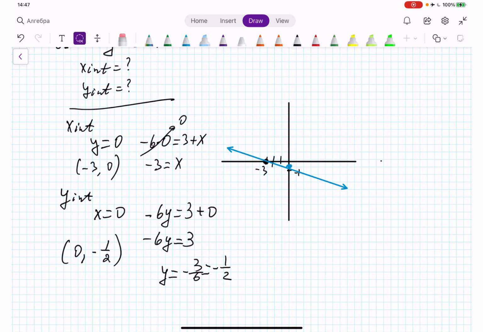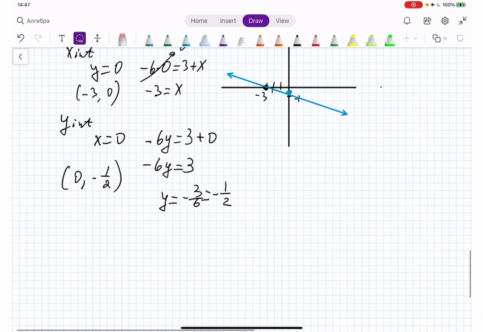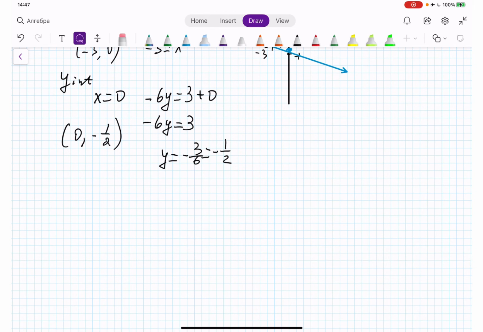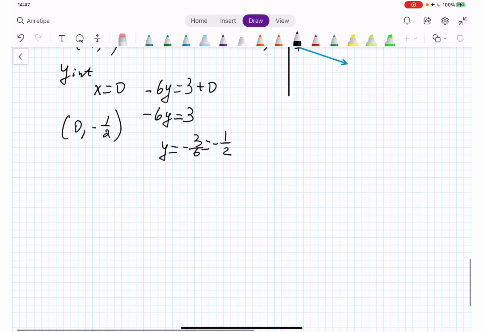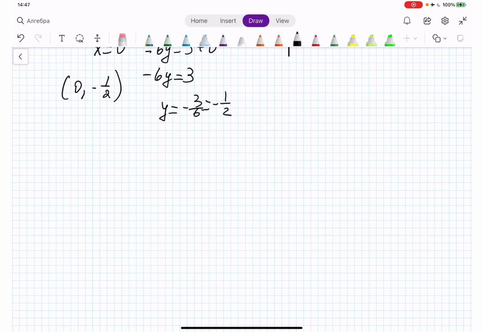Okay, question number 9. We need to graph the equation x is equal to negative 5.